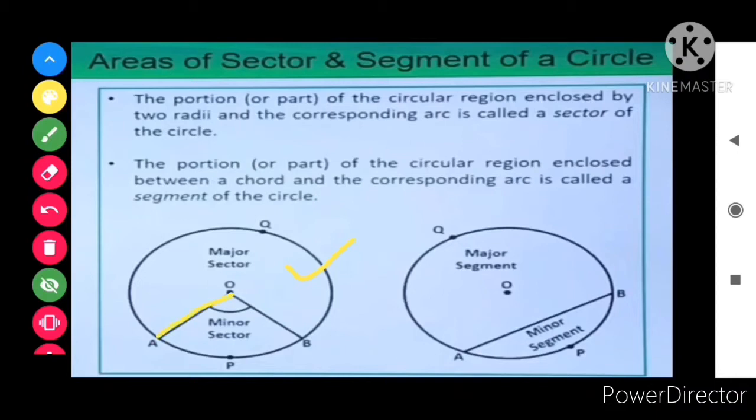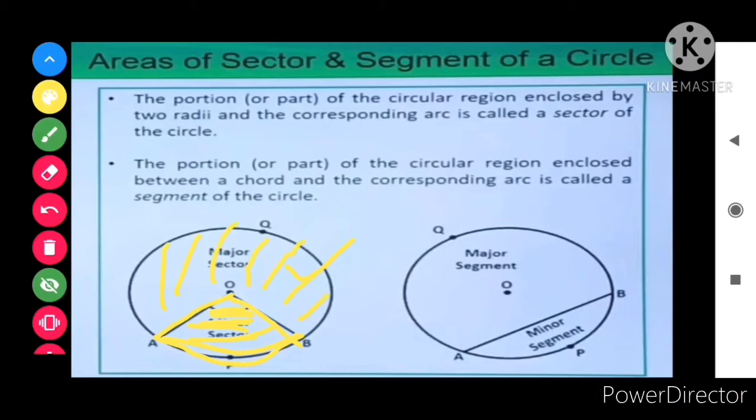OA is one radius and OB is another radius. The two radii and the corresponding arc, this portion is called sector. Obviously the remaining portion is also called sector.